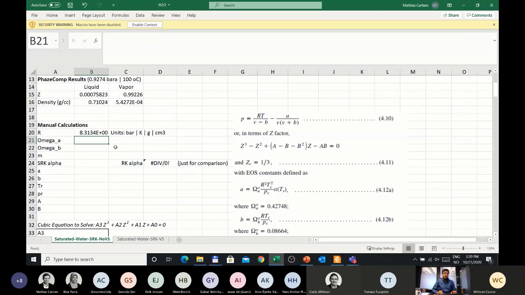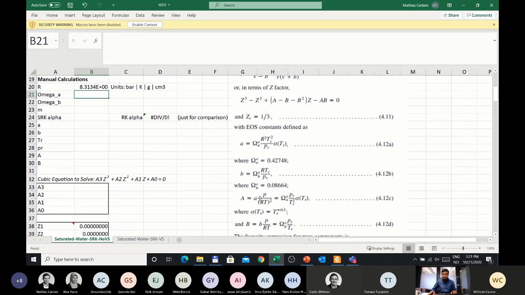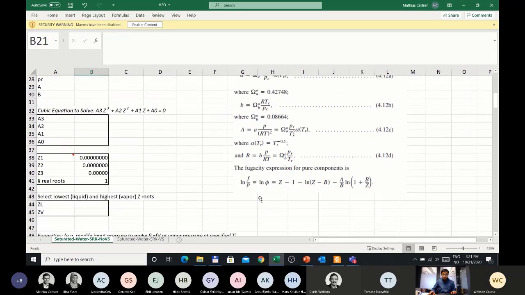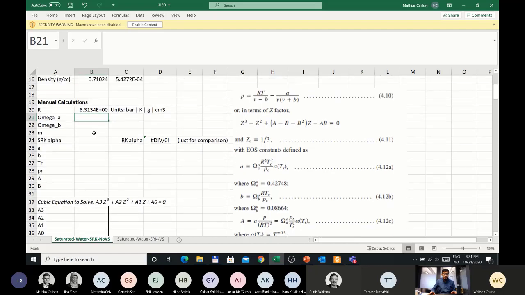The omega A value that we can see here is 0.42748. That's our omega A. So that's this number here.